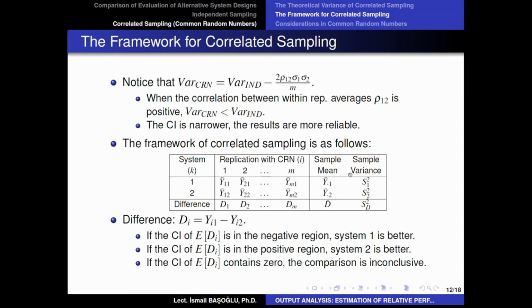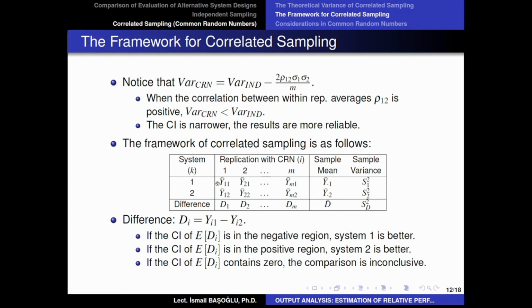However, because we know that two samples are correlated, just like we have done in the statistics course, if you have two samples which are correlated in two sample t-test, you do not apply a t-test across the sample means. In fact, you subtract the replication averages from each other and calculate the differences as a sample.